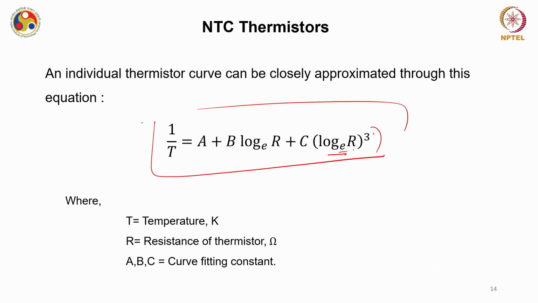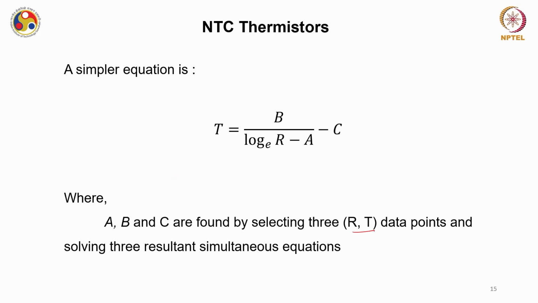Please note that these values have been calculated based on various approximations. Then another simple equation that we have discussed is T is equal to B by (ln R minus A) minus C, where A, B, C are again found by selecting 3 different R and T data points and then solving 3 resultant simultaneous equations.